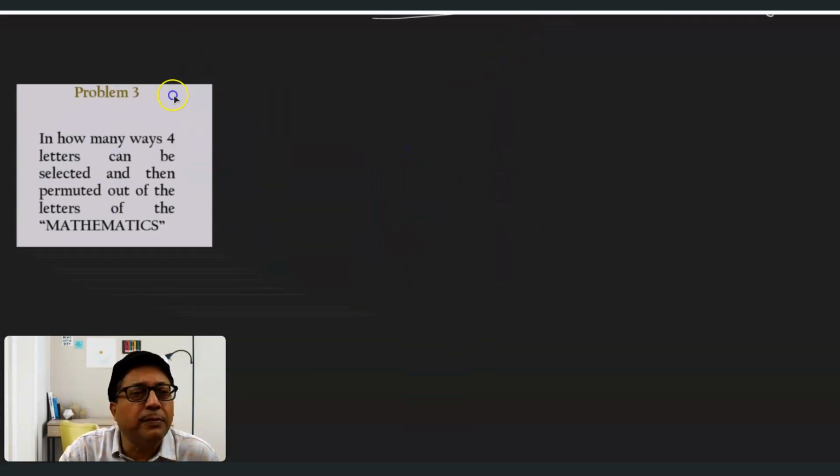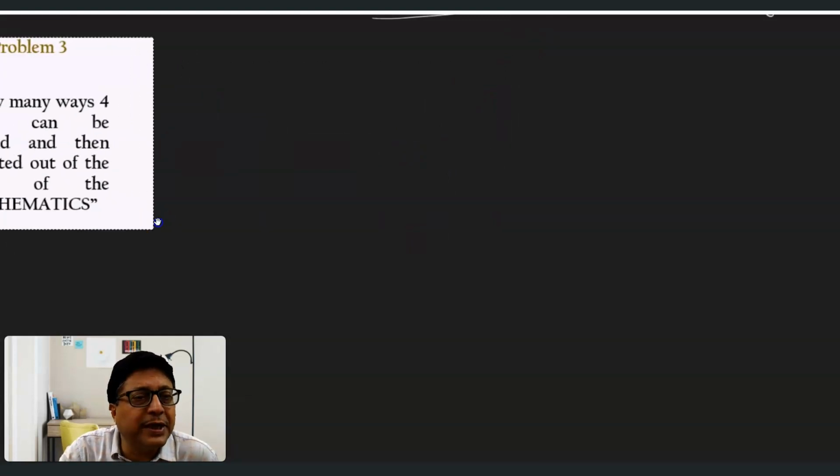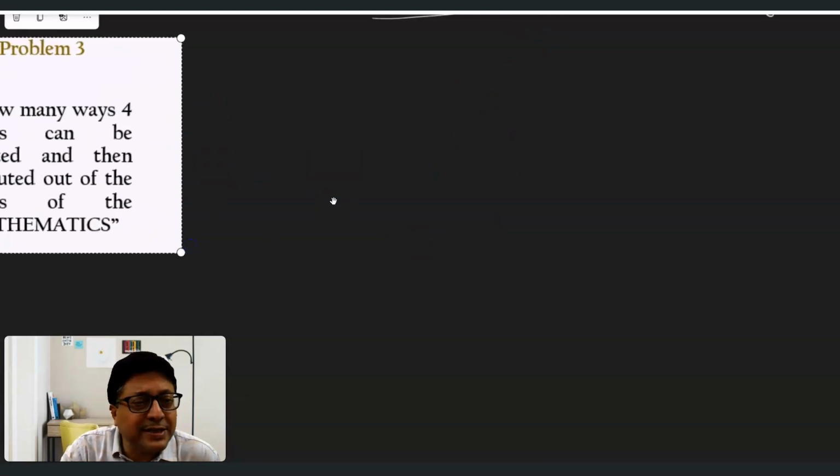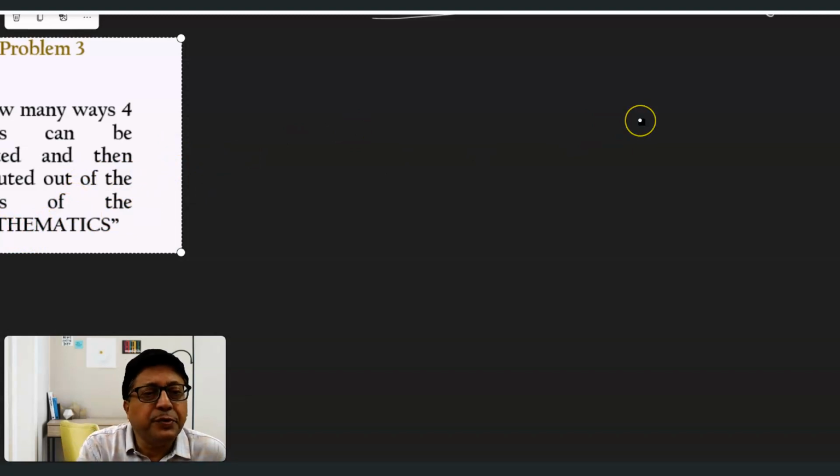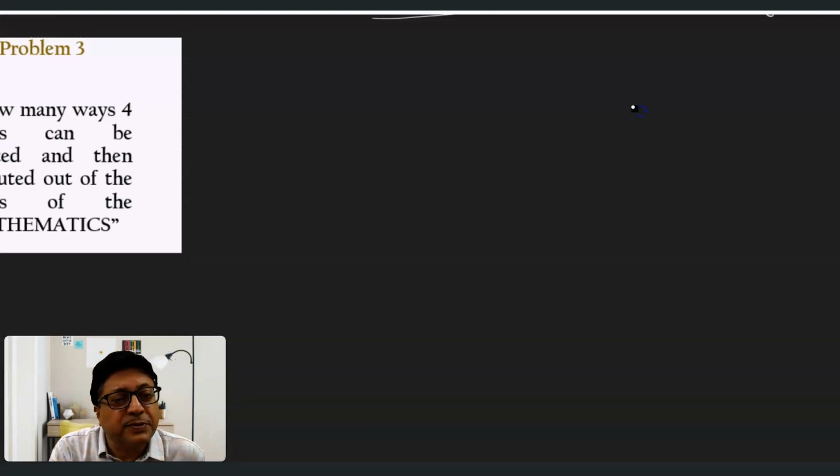It's a common problem. We are taking 4 letters. We can take 5, we can take 6, as many as possible. But here, out of the letters of the word mathematics, we are going to select only 4. If you solve it with me, I hope this kind of sums, where you take 6 letters, 7 letters, as many as possible, and arrange them, will be possible for you.